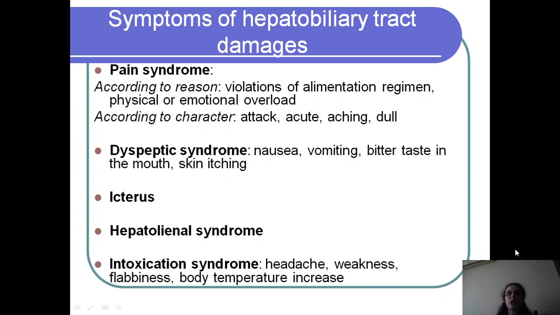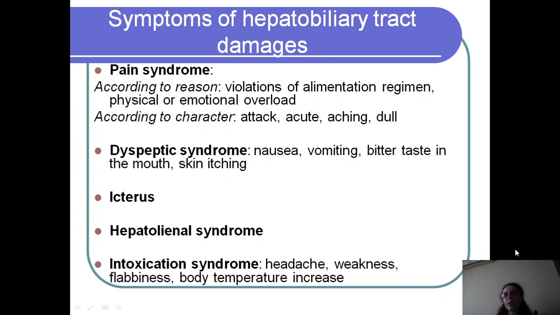Some children feel it not as a bitter taste, but describe it as something metallic in the mouth. It's more remarkable in the morning. Why? Because during the night no food was taken, so there was no contraction of the gallbladder, and that is why the bile components were more intensively absorbed, and up to the moment of awakening from sleep, the child feels this bitter or metallic taste in the mouth.